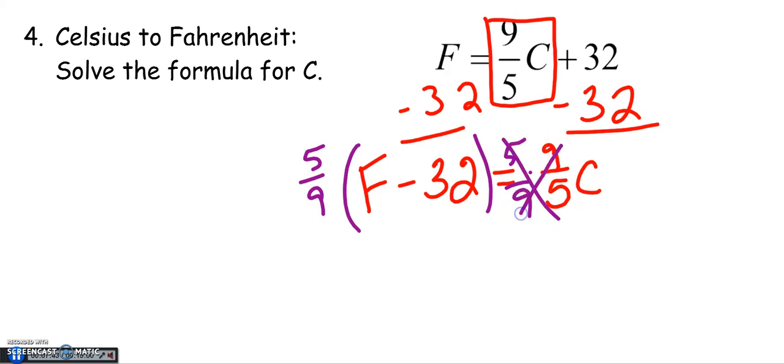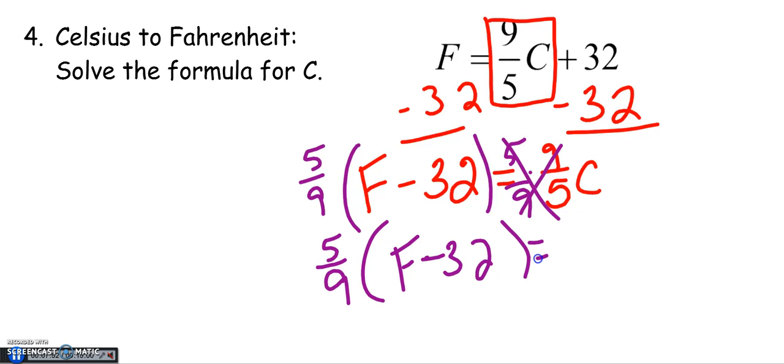That makes these two cancel out. So we have 5/9, and then in parentheses F minus 32 equals c. So if we knew our degrees Fahrenheit, we would plug it in the parentheses, subtract 32, and then multiply by the fraction 5/9.